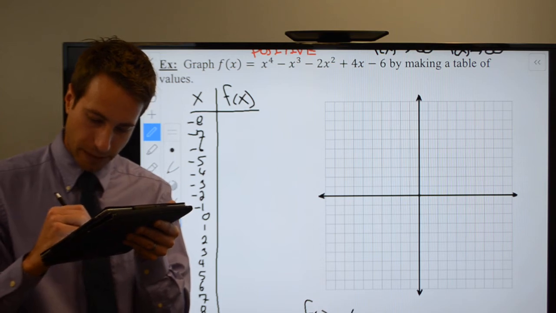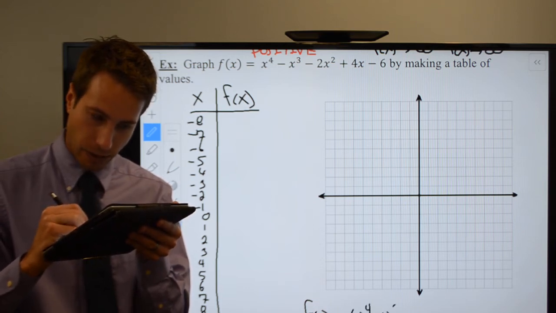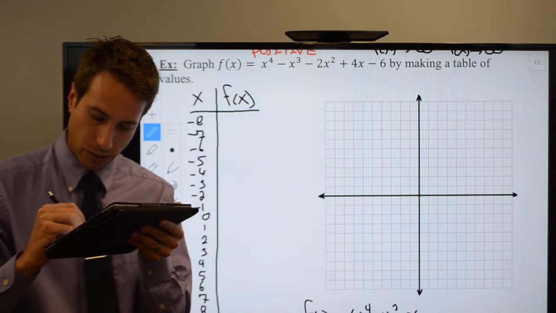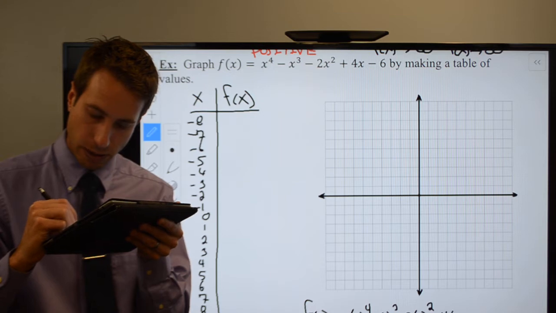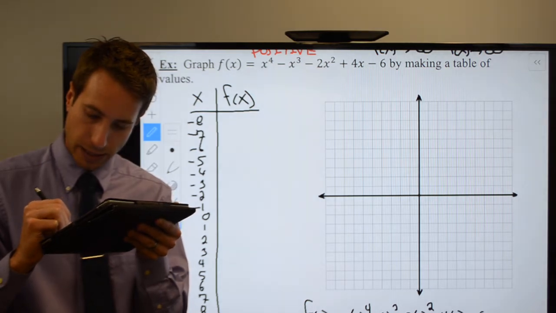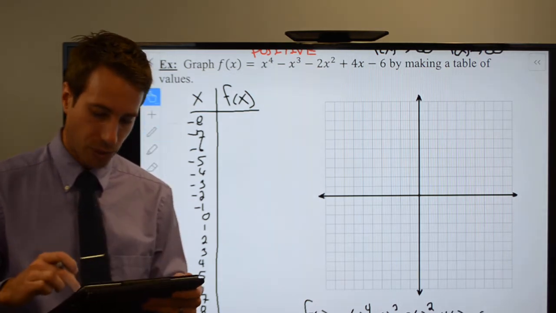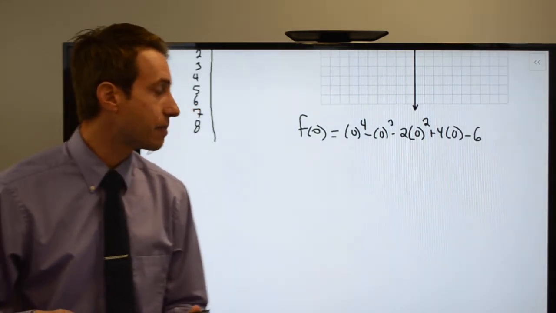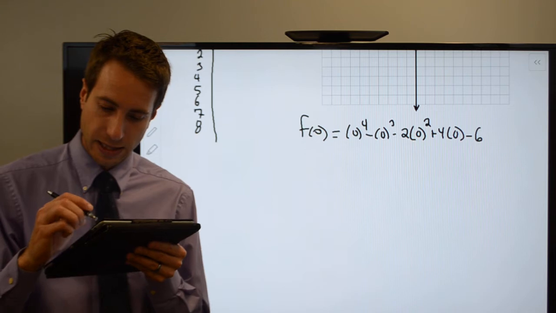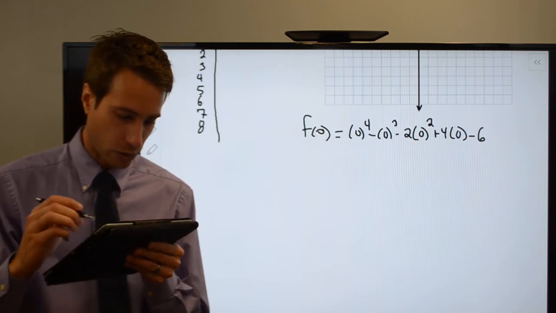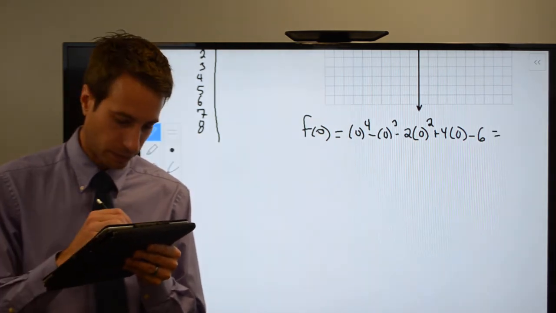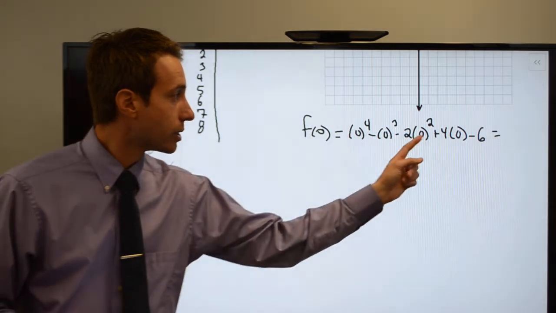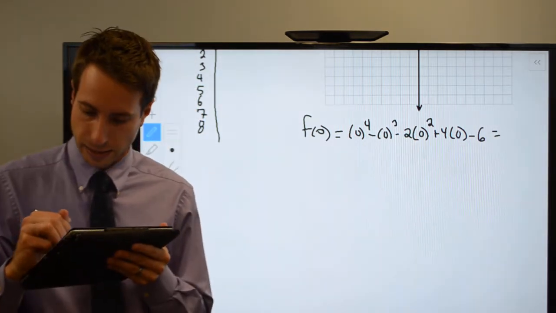Which means I'm going to have 0 to the 4th, minus 0 to the 3rd, minus 2 times 0 to the 2nd, plus 4 times 0, minus 6. Right, so I just plug in my domain value everywhere I have a variable, and it gives me my range value, which in this case turns out to be 0, 0, 0, 0, minus 6.